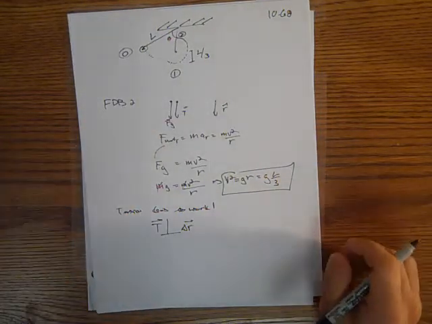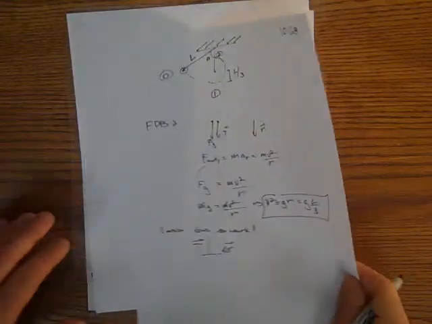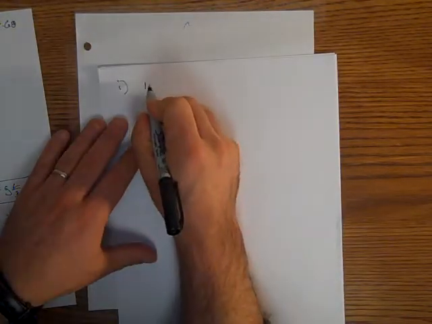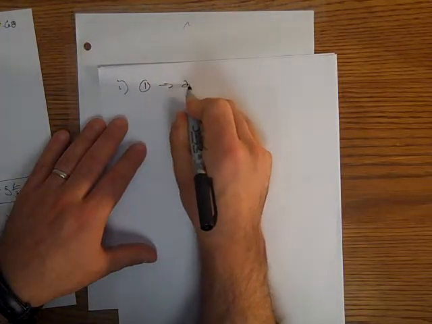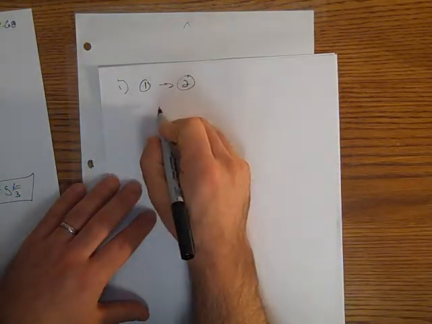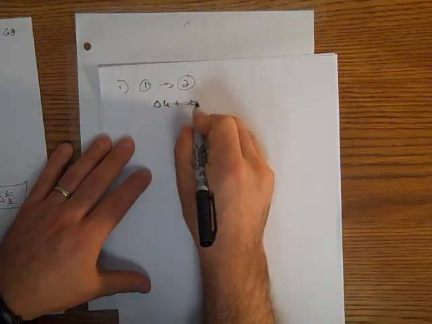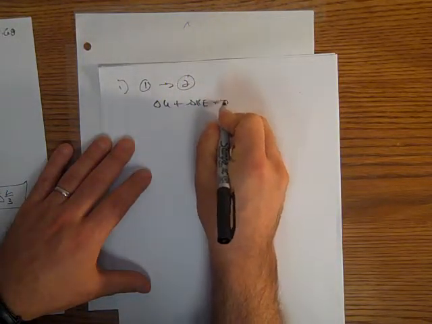And so we're going to do 2 energy conservation steps. The first energy conservation step is going from point 1 to point 2. And because no non-conservative forces do work, the change in the potential energy plus the change in the kinetic energy is 0.